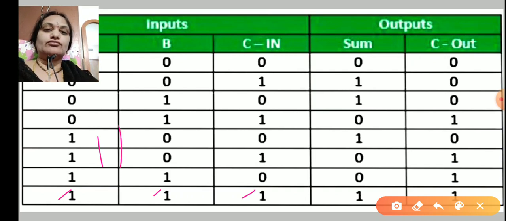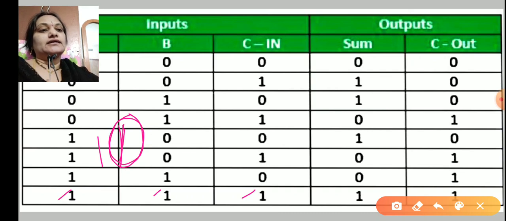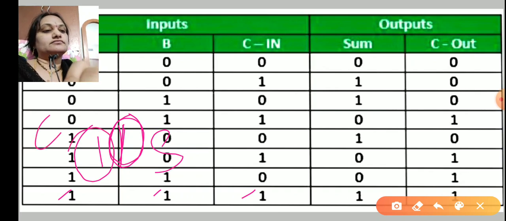So in 1 1, the right side digit indicates the sum and the left side digit indicates the carry. That is why we are getting 1 at the sum and 1 at the carry.